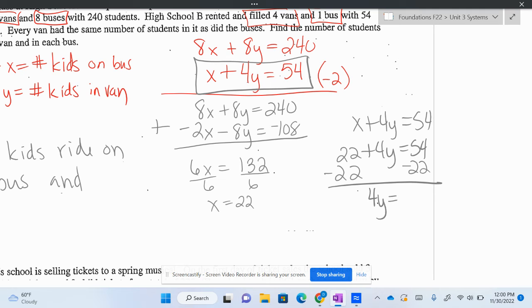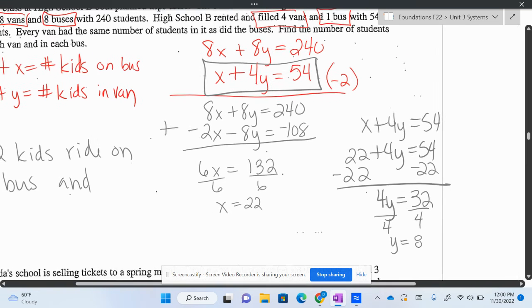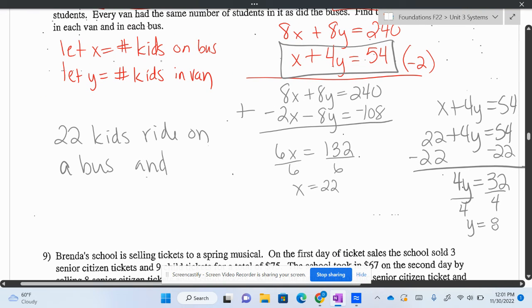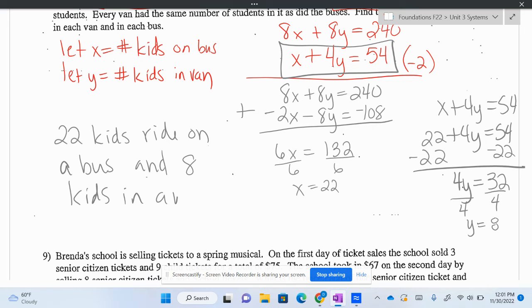So I find out that 4y equals, yes, good job. Divide both sides by 4, y equals 8. So 22 kids ride on a bus and 8 kids in a van.